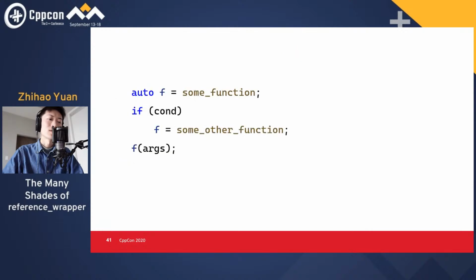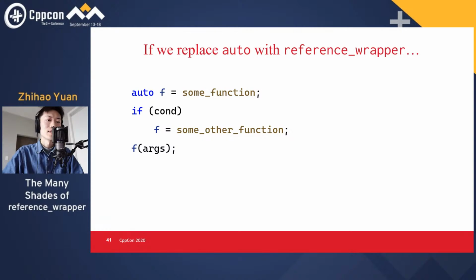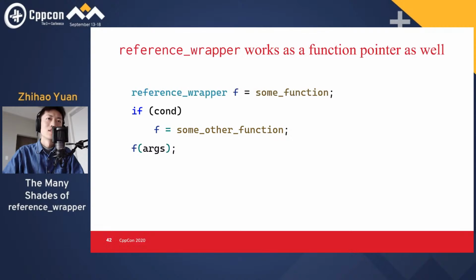So going back to this program, if we replace auto with reference wrapper, you'll find that the program still works, because we provide a call operator to reference wrapper.